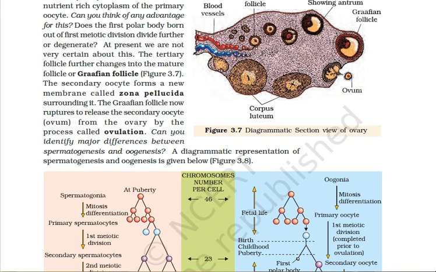I repeat, the primary follicle was surrounded by the granulosa cells, and as the primary oocyte further grows, these follicles get surrounded by many layers of granulosa cells and a layer called the theca, as well as an increase in the follicular fluid in small cavities in between the cells.